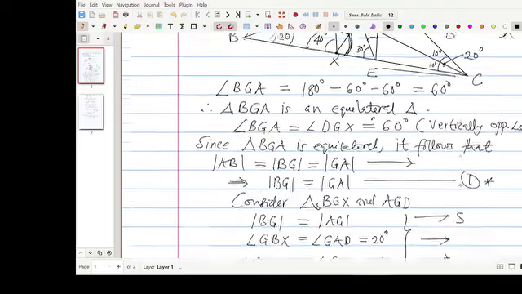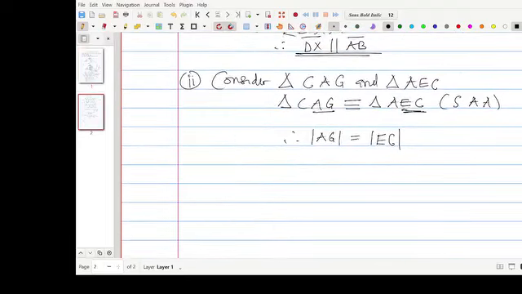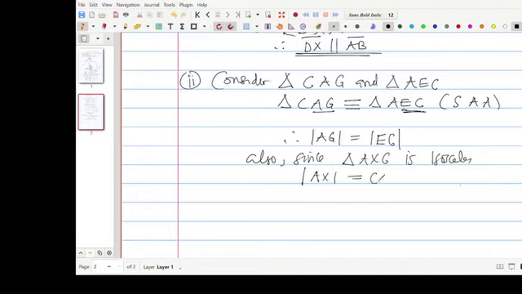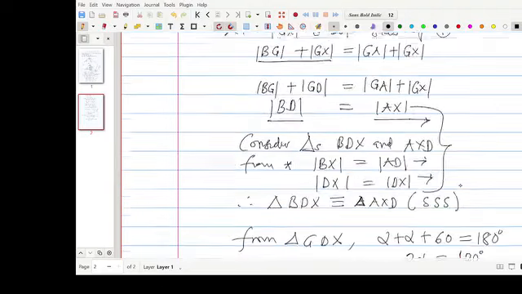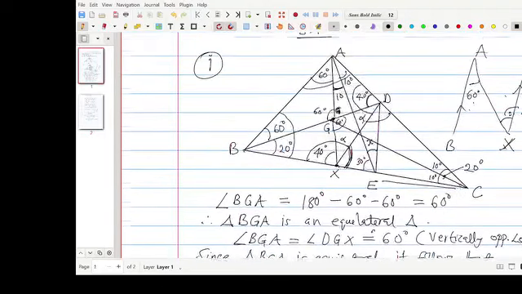So I can come down and write over here. Also, since triangle AOC is isosceles, the length AOX is equal to the length COX. All right. So if I make that statement, I'm not wrong. Let's go back to the diagram again.